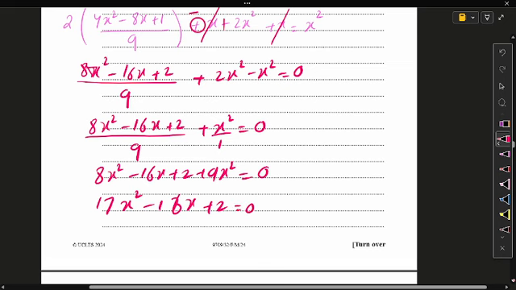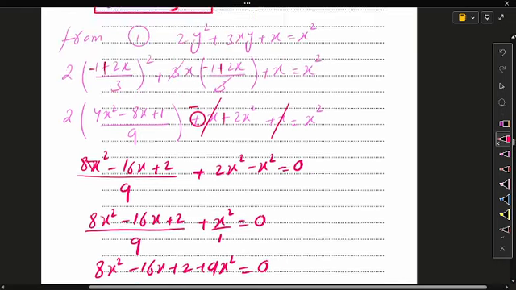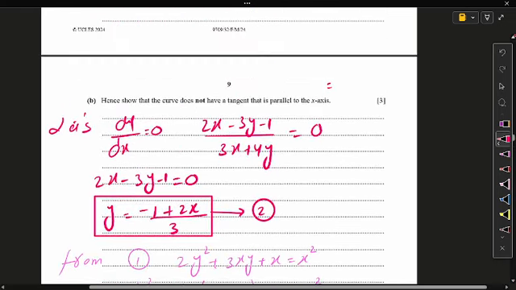Now I have to find the value of x so that I can solve it. This is a quadratic equation, so I have to calculate the discriminant, b square minus 4ac, and check whether it is greater than or equal to 0. If b square minus 4ac is greater than or equal to 0, it means that my solution exists, and that my assumption for dy by dx is fine.